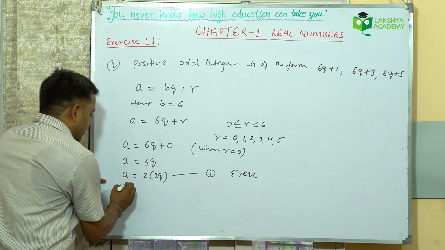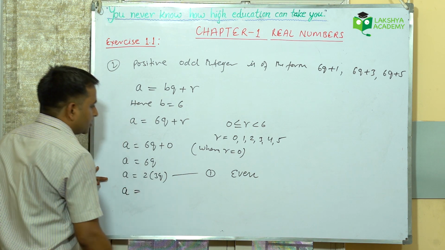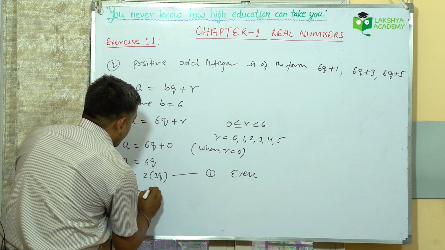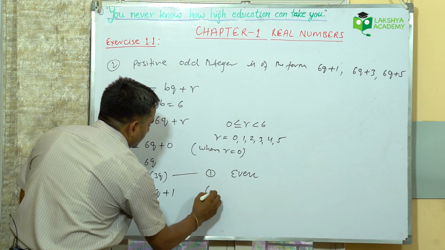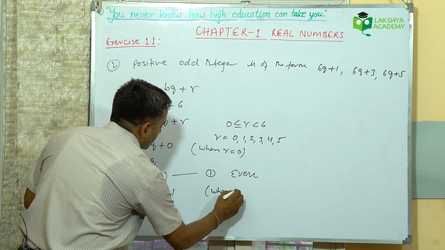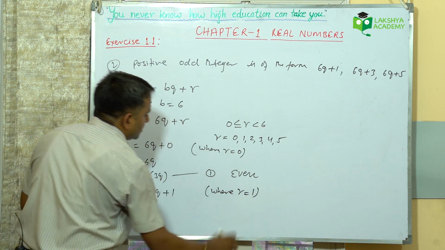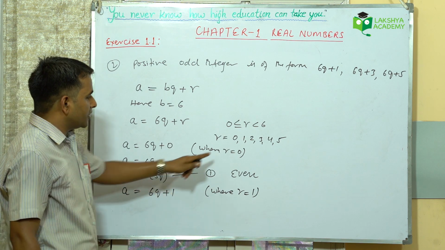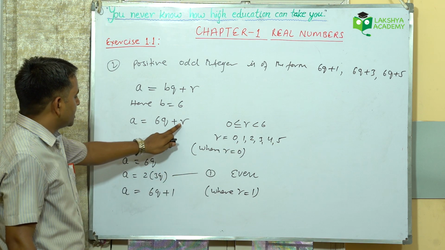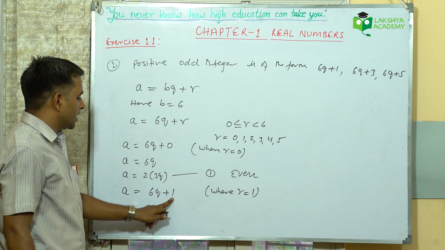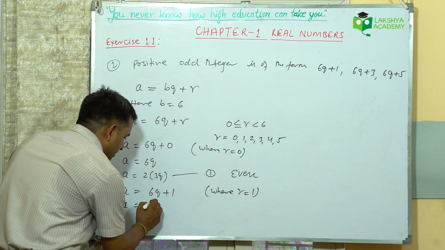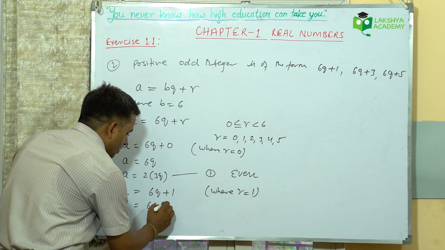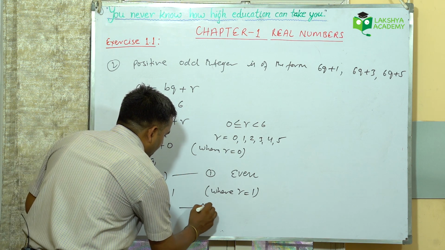Now coming to the second one, a equals 6q plus 1 where r is equal to 1. By substituting r equals 1, the expression will be 6q plus 1. Therefore, a equals 6q plus 1, this is the odd expression.